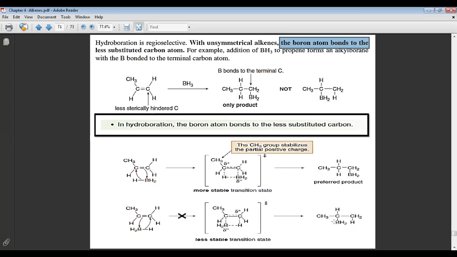In hydroboration, the boron atom bonds to the less substituted carbon. This is so important, students. Remember this. Because it is the reverse of the Markovnikov rule.